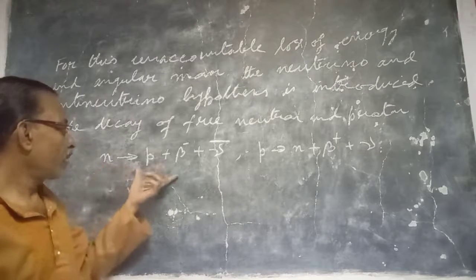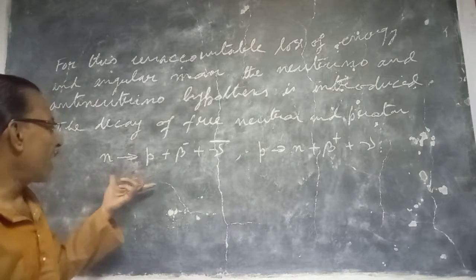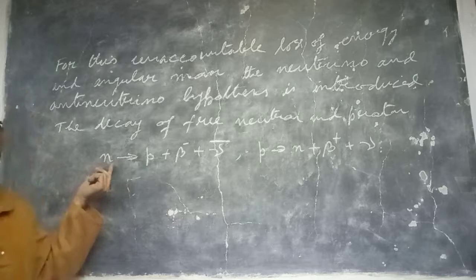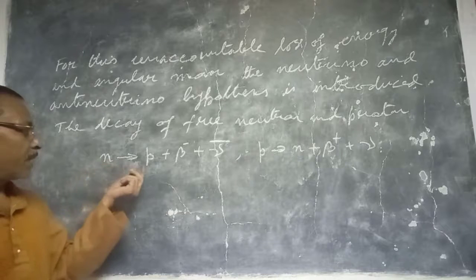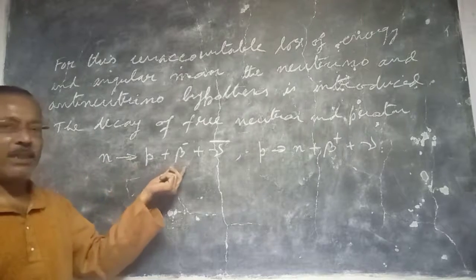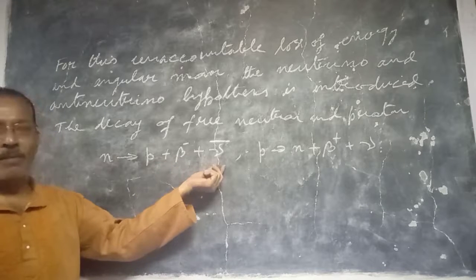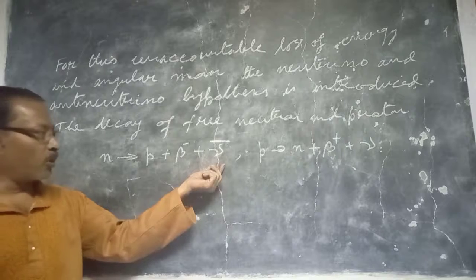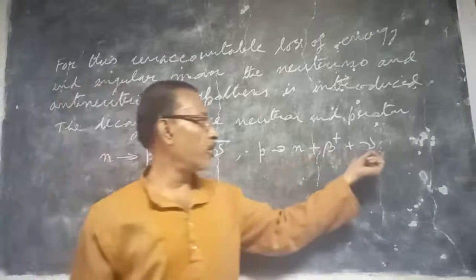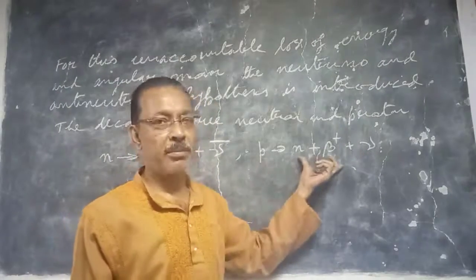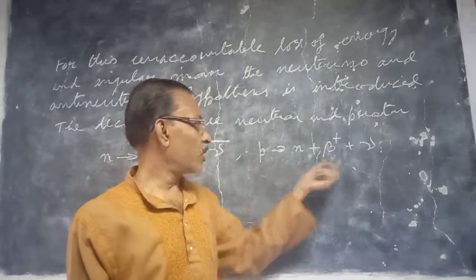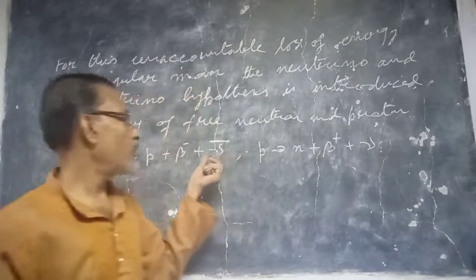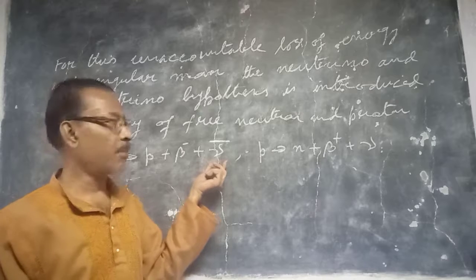Now from this expression, the charge is also conserved. Neutron is an uncharged, neutral particle; here it is a positively charged particle and a negatively charged particle, and therefore this must be uncharged, neutral. So from the conservation of charge principle, the neutrino or antineutrino must be a neutral, uncharged particle.